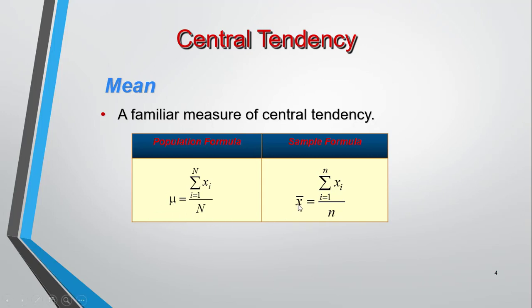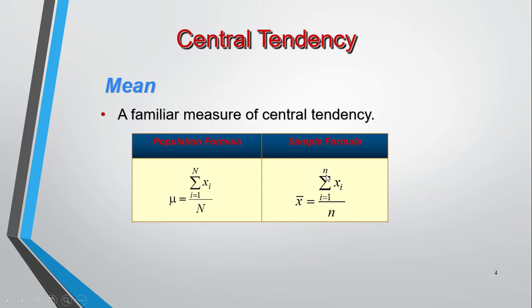For samples, we draw a sample from the population. So we do not use mu, we use x bar as the mean for samples. It's defined almost the same: x sub i, each individual value in the data set, from the first one until the last one.